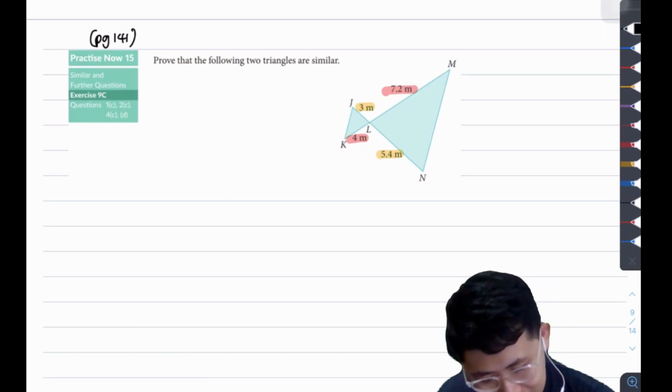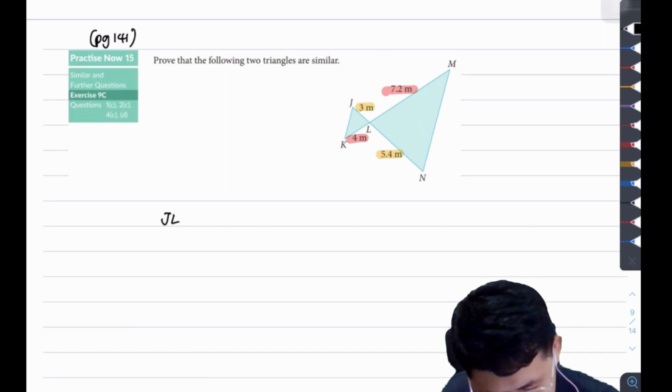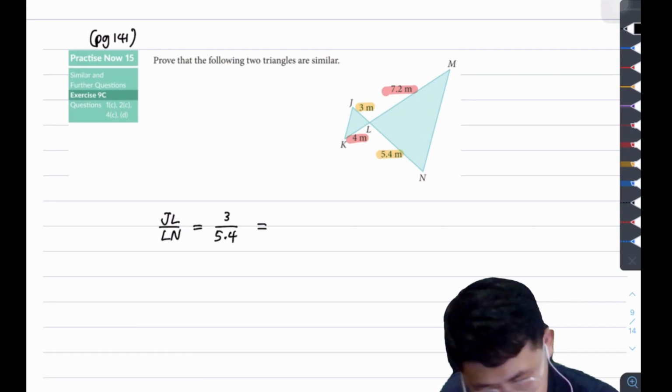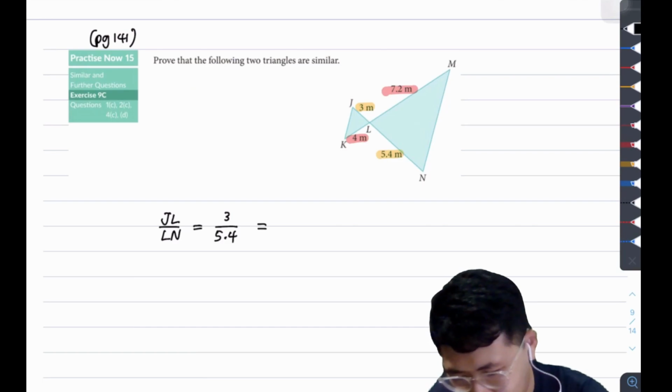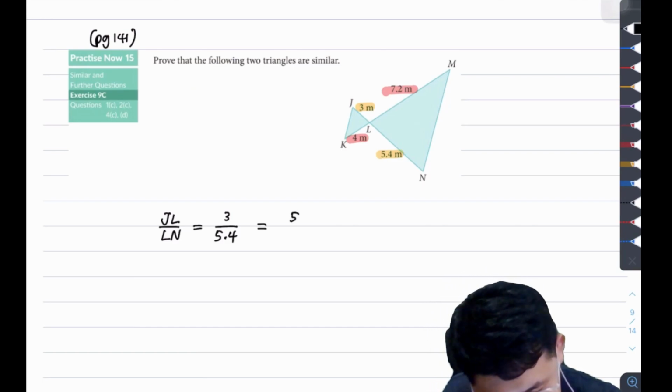Alright, so let's take a look. We have JL over LN. So JL over LN would be 3 over 5.4. So 3 over 5.4 is going to give me 5 over 9.